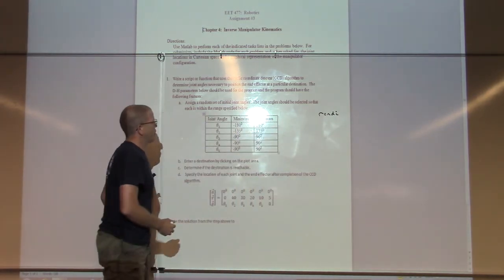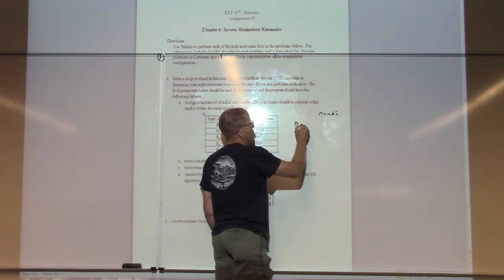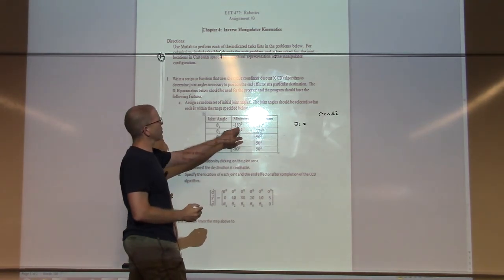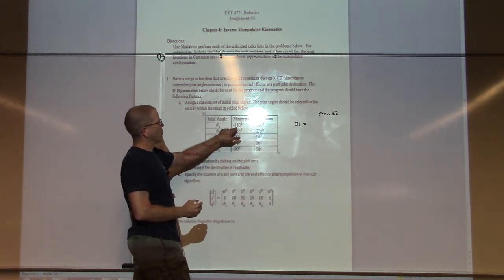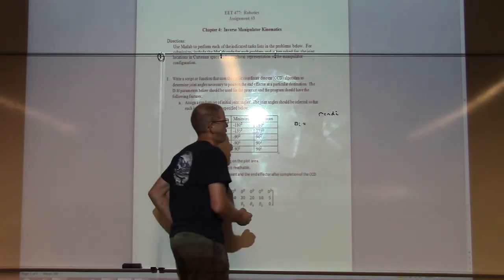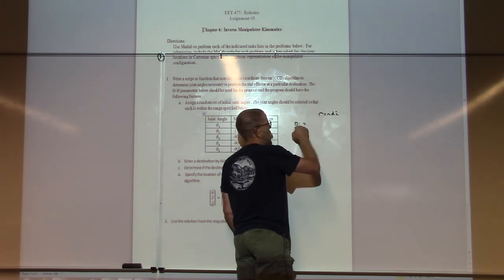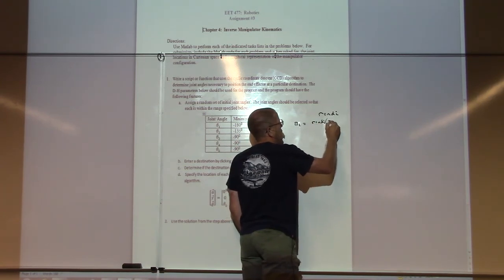So what we can do here for theta 1 for our initial calculation is we can say that theta 1 is equal to, let's see, it's got a total range of 360 degrees, but if we want it to go from negative 180 to positive 180, so we can say that theta 1 is equal to randi.